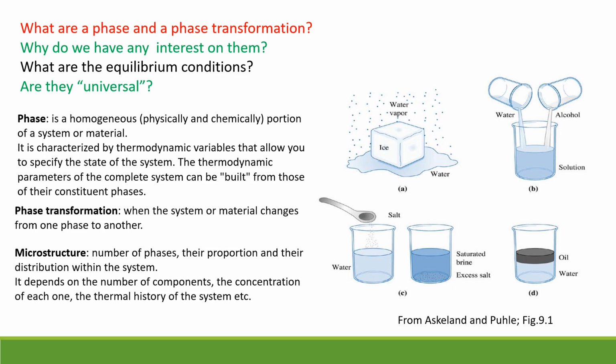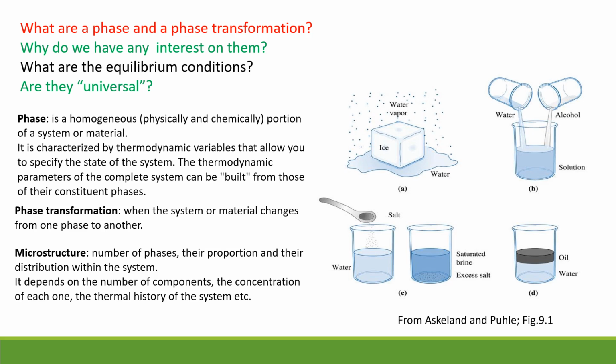As you know, and you have done in thermodynamics, it's characterized by thermodynamic variables that allow you to specify in which state the system is. If you have all the thermodynamic parameters of the complete system, then you can get a lot of information from them, and on the other hand, you can get those parameters from those of the constituent phases.